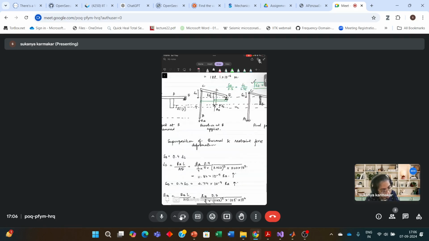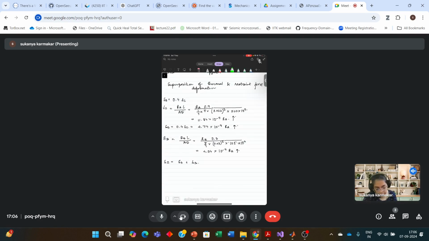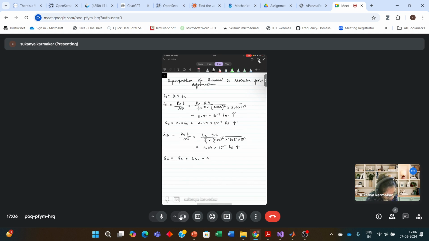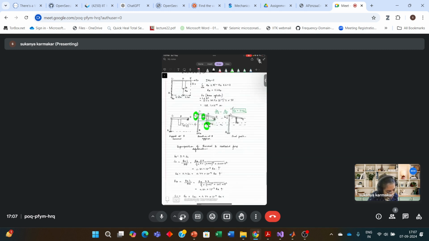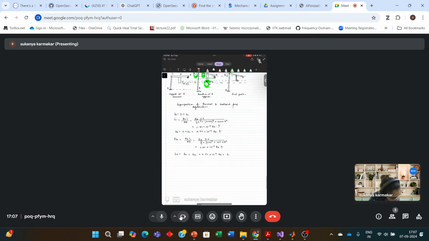Because of delta C you have delta D, and because of RB you have a deflection in the upward direction. So the total deflection will be the summation of the two deflections, which comes out to be 4.74 into 10 to the power minus 9 RA plus 4.04 into 10 to the power minus 9 RB.